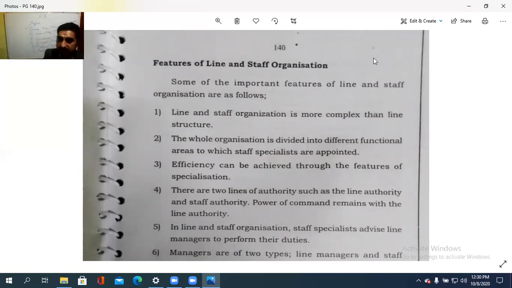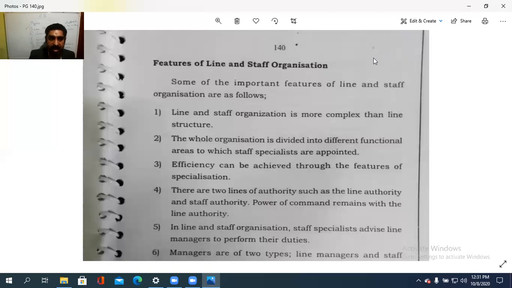The whole organization is divided into different functional areas to which the staff specialists are appointed. Third, efficiency can be achieved through the features of such specialization. Because there are specialized individuals, what happens to efficiency? It is increased to the optimum level.